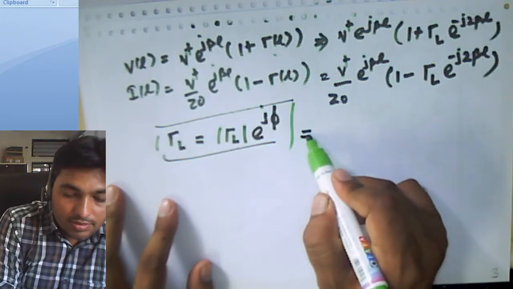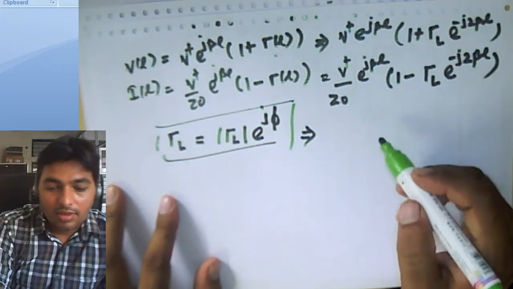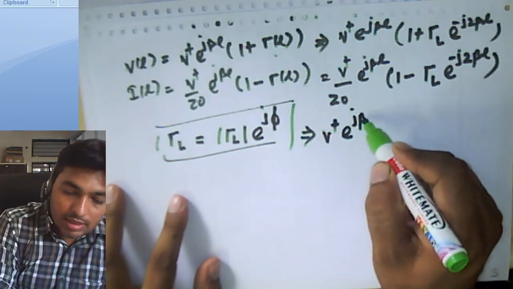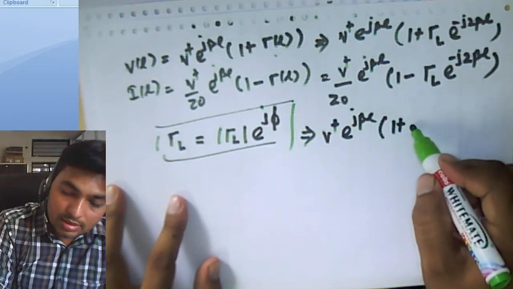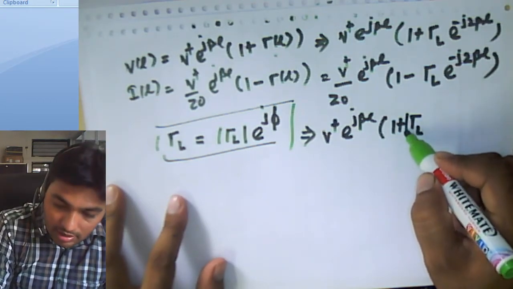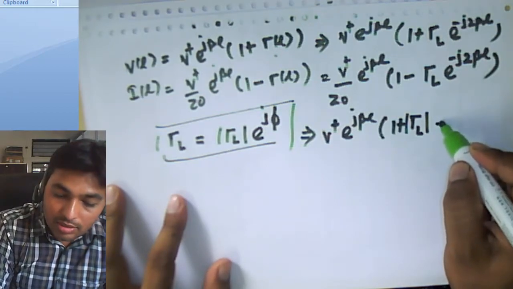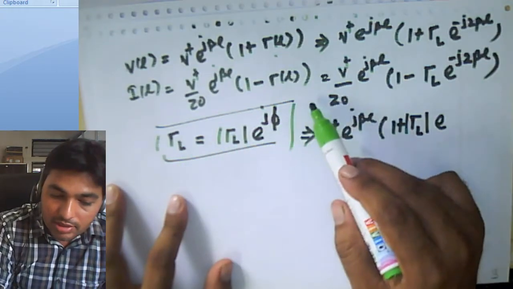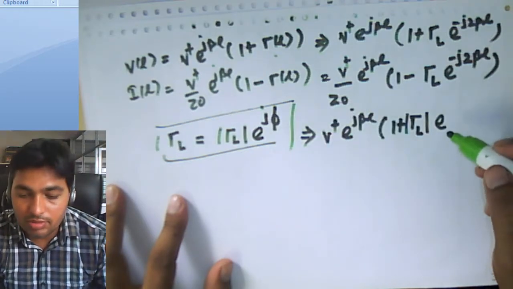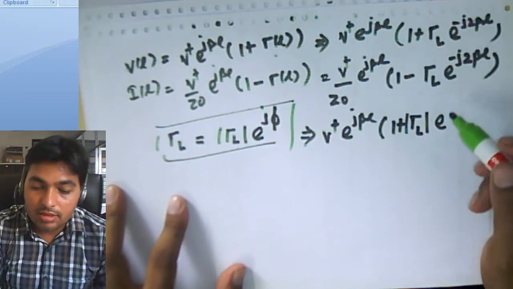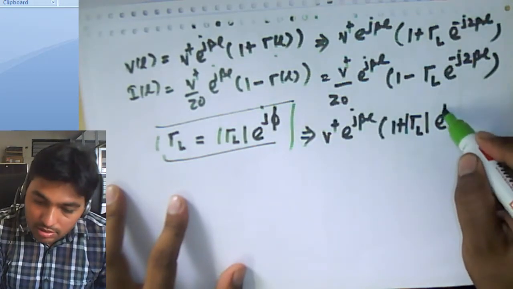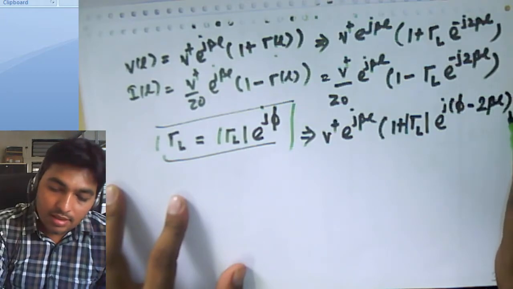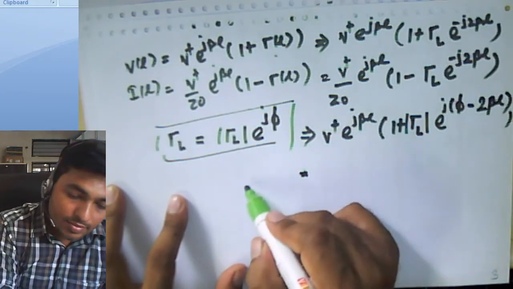Voltage will be V+ e^(jβL) (1 + magnitude of reflection coefficient at load into e^(jφ)). Substituting the reflection coefficient as magnitude times phase, this will be 1 plus the reflection coefficient times e^(j(φ − 2βL)).